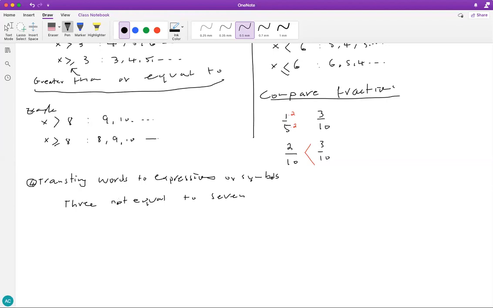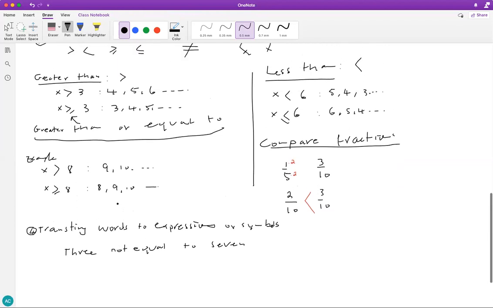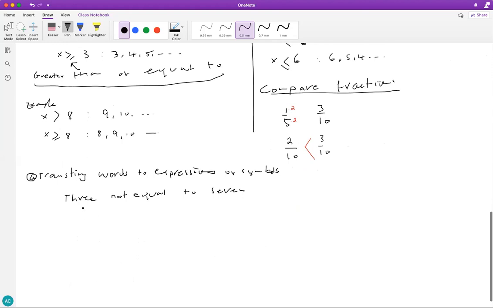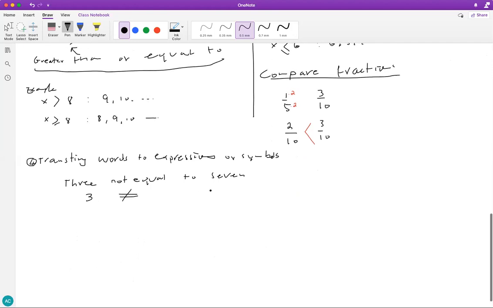How do you write this as an expression instead of a sentence? What is the symbol for not equal to? So this is the symbol for not equal to. So you say 3 not equal to 7. It's an equal sign, but with a slash through it. So this whole sentence translates into this.